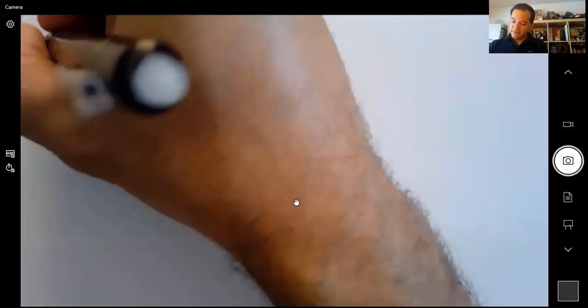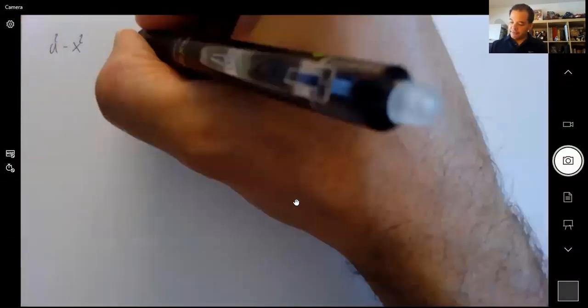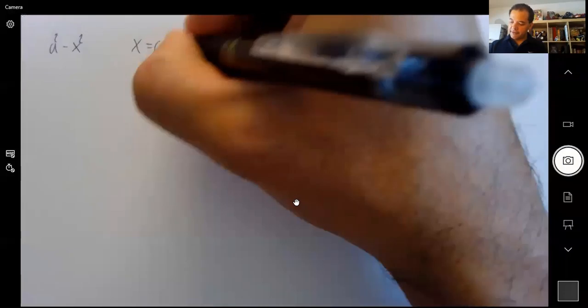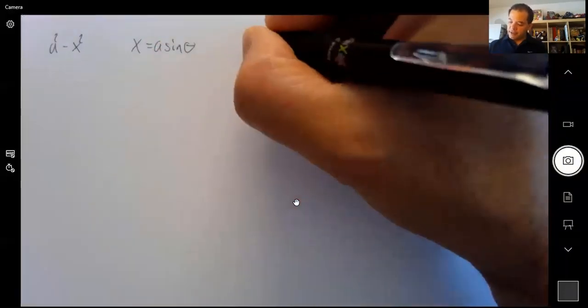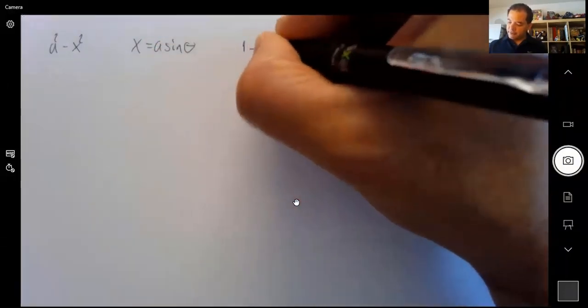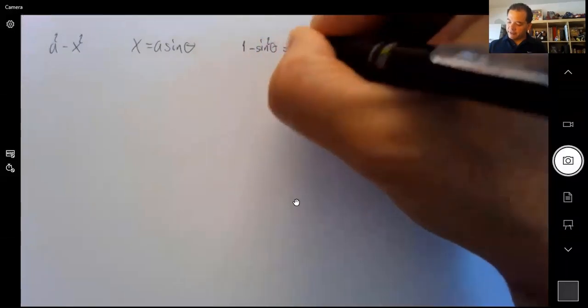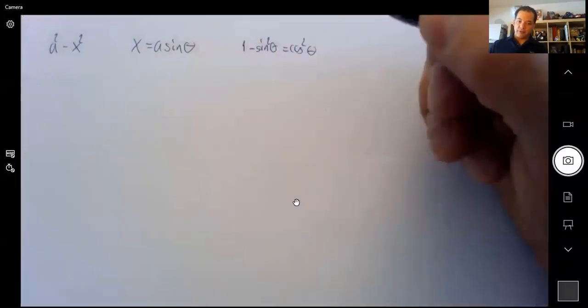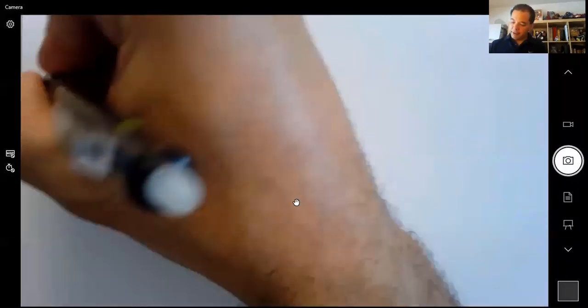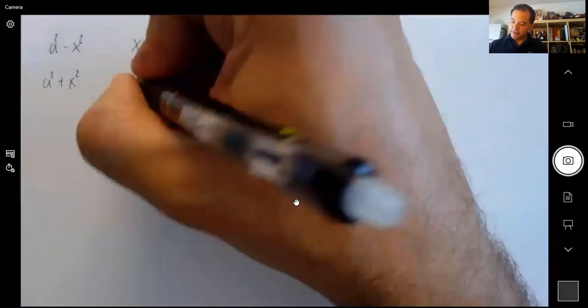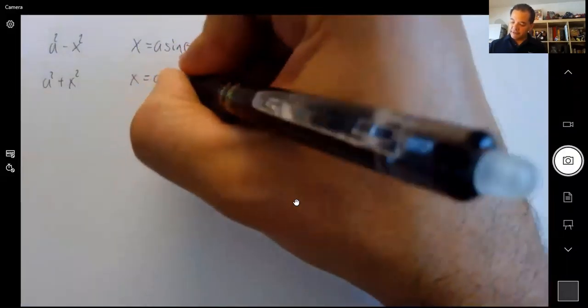If you have a squared minus x squared, you make x a sine theta. And you need to remember here that 1 minus sine squared is cosine squared. That's the identity you're going to use. If you have a squared plus x squared, then you're going to use a tangent theta.